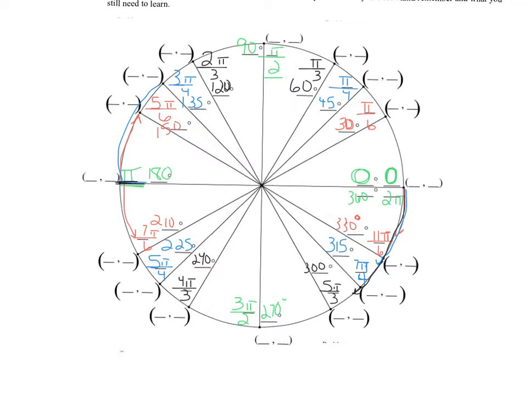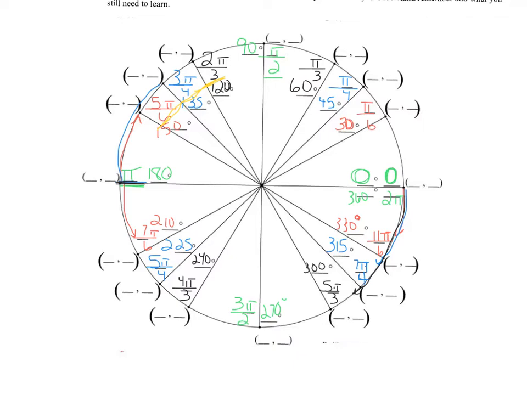Now, just a couple comments. Some people hate this adding and subtracting method, which is totally fine. Some people just like to memorize them. Some people like to notice that in the second quadrant, all of my radian measures, the numerator is 1 smaller than the denominator. So we have 2/3, 3/4, 5/6.